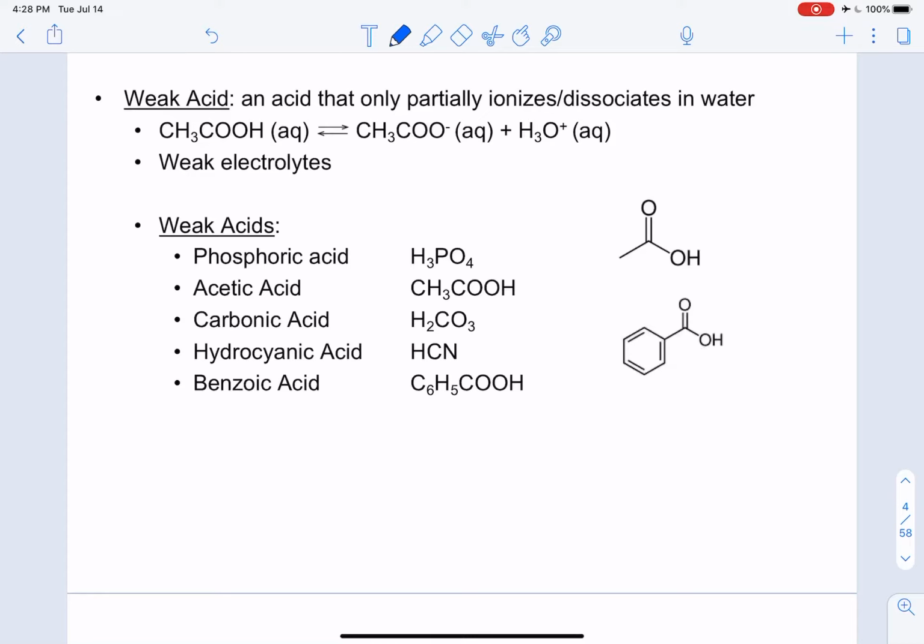And an example of this is acetic acid. So acetic acid is right here. It's also right here, and it's also right there. So we see that it's written in a couple of different formats. This format right here is the condensed format. And notice how it splits up the carbons into two different spots, and it also splits up the hydrogens into two different spots.